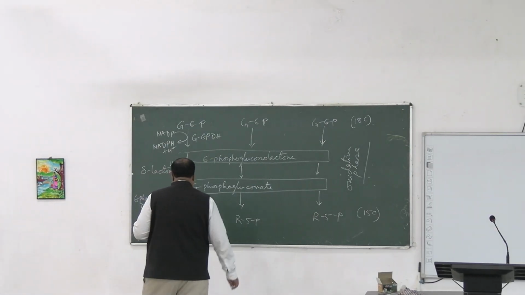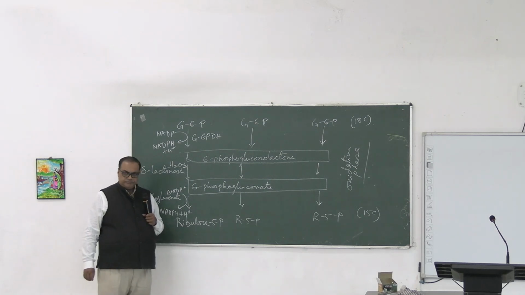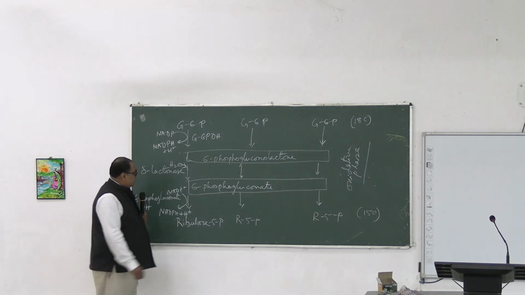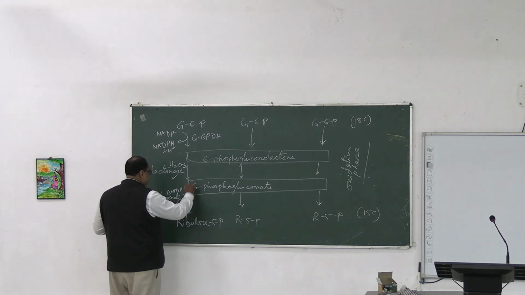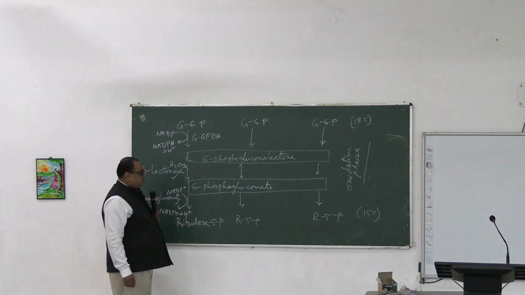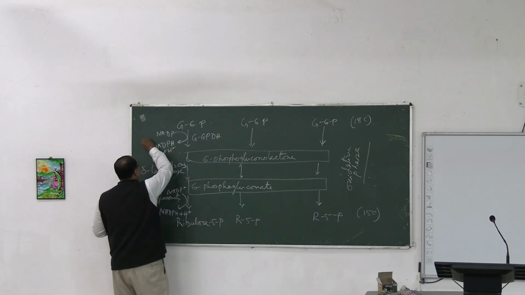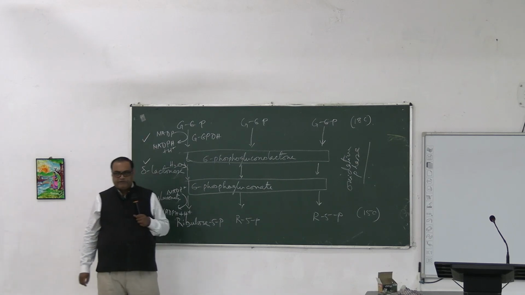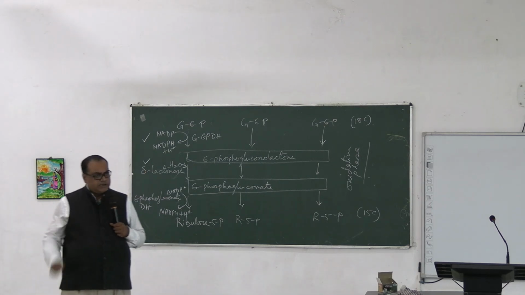Correct? So these first 3 steps in many books, they have reduced it to 2. How? They have merged this one and this one. In many books, they have merged these 2 steps. First and second step, they have merged to make it a single one.